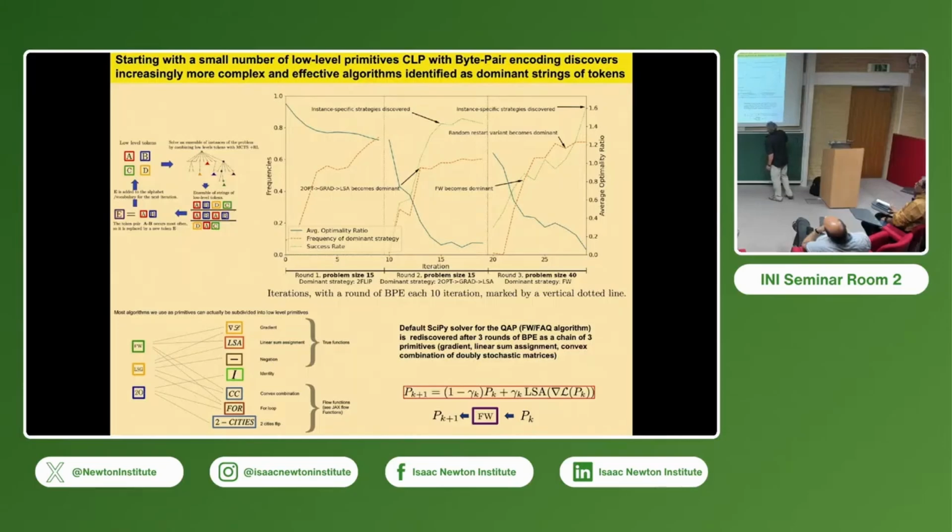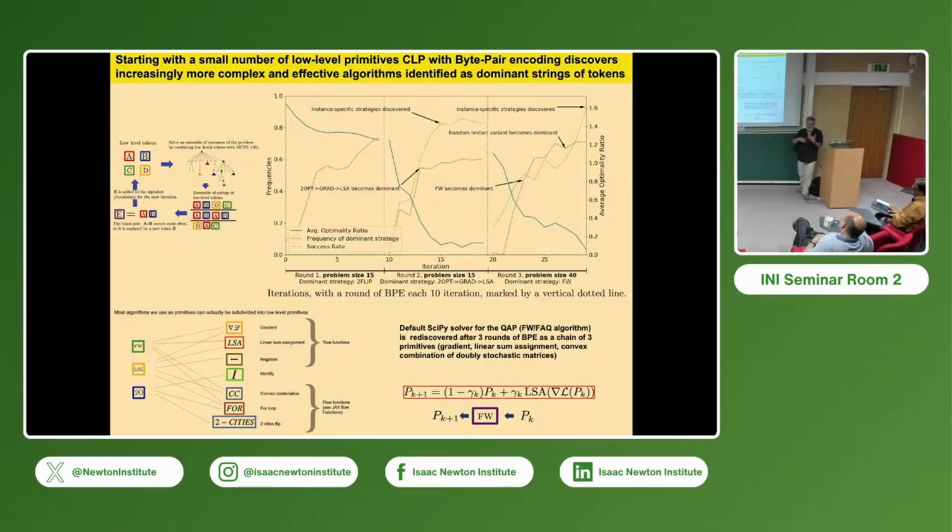And essentially what you see is that as you play the game, you have specific strings that become dominant, right? One of them that will become dominant is this one, where you take a doubly stochastic matrix, take the gradient of the loss at that doubly stochastic matrix, apply linear sum assignment to it, and take a convex combination with the previous value of that doubly stochastic matrix.